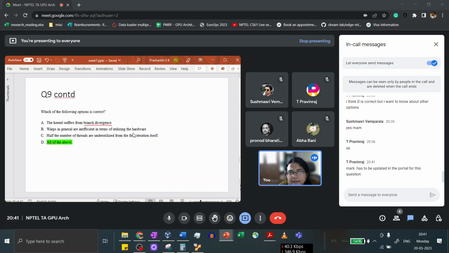Which question? This 9, is it? Question 9 was part of assignment 7, is what you're saying, and it had an answer different from this.